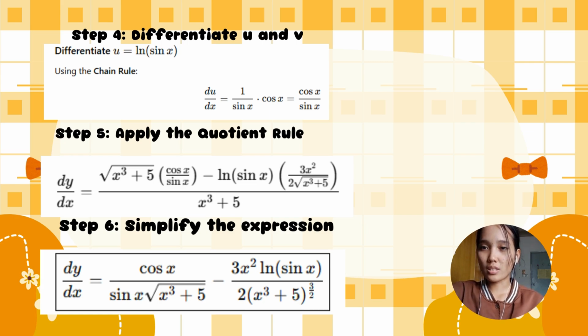The derivative is cos x over sin x. Next, we differentiate v. We rewrite the square root as a power, (x to the power of 3 plus 5) to the power of 1 over 2, using the chain rule. The derivative becomes 3x squared over 2 square root of x to the power of 3 plus 5.